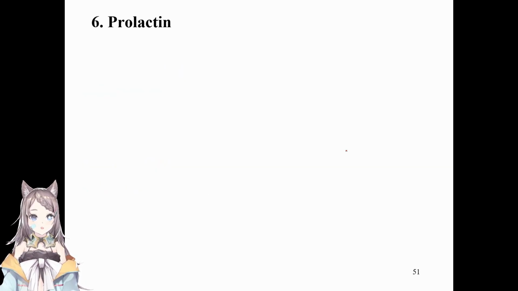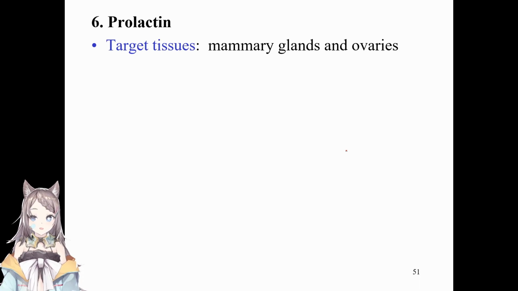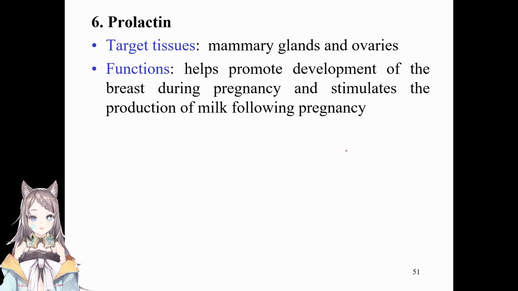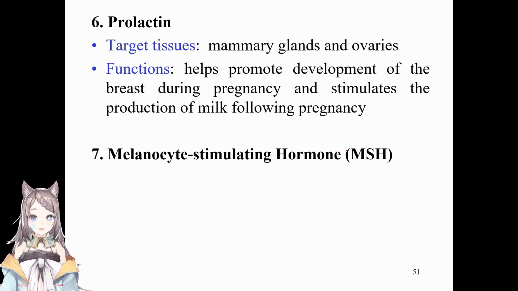Next is your prolactin. Pro meaning increases, lactin, imagine breast milk. Target tissues are the mammary glands and your ovaries. It helps promote development of breasts during pregnancy, so lumalaki, and it also stimulates the production of milk following pregnancy. Okay.